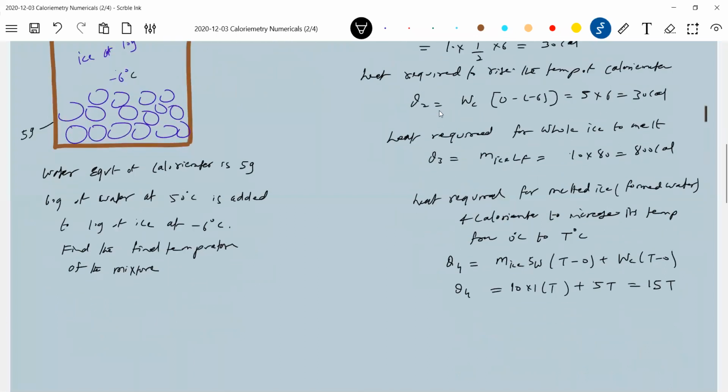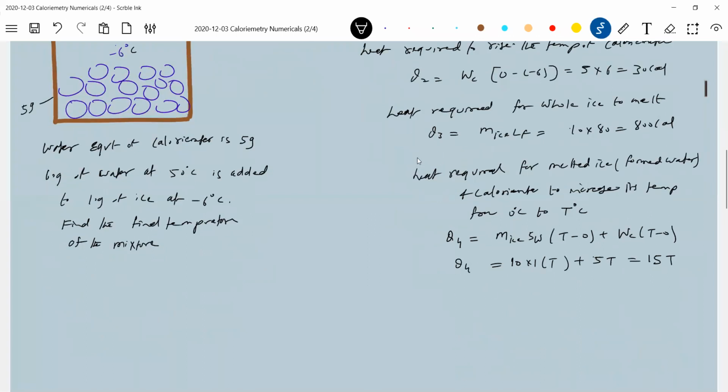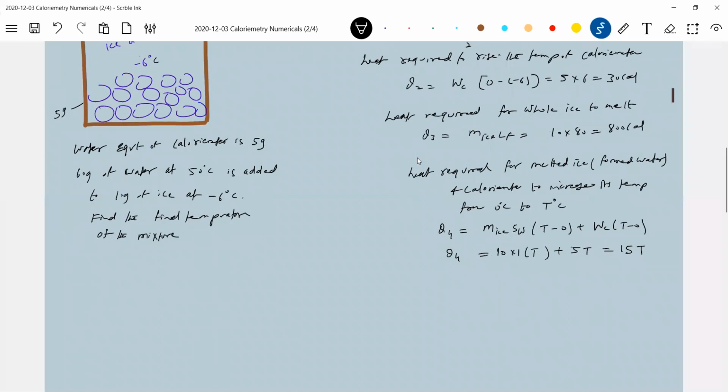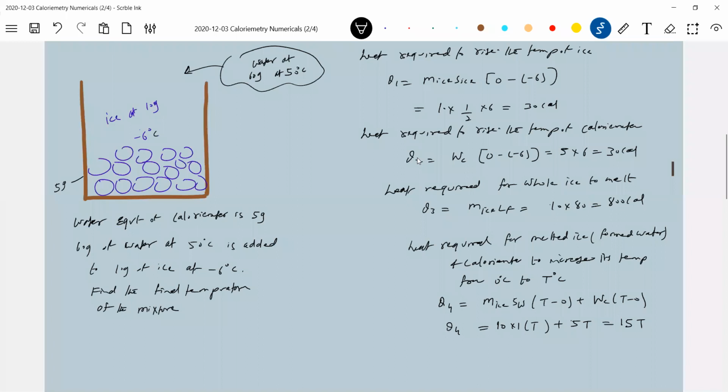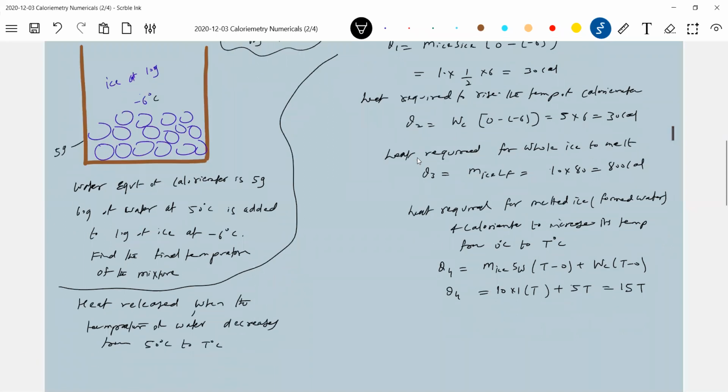So heat released when the temperature of water decreases from 50 degrees Celsius to T degrees Celsius, this we will call Q naught.